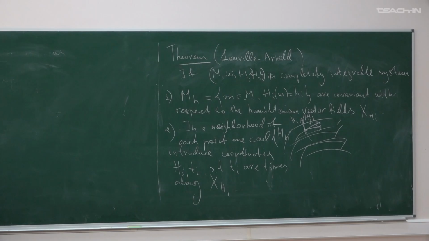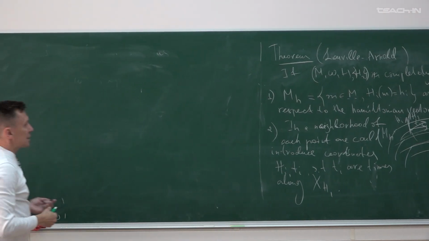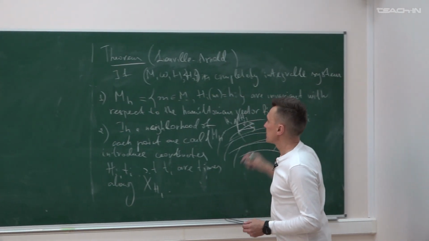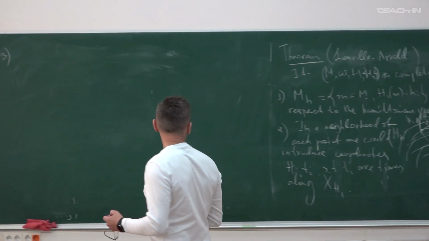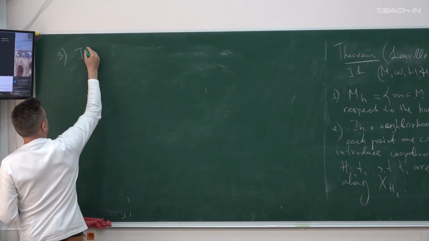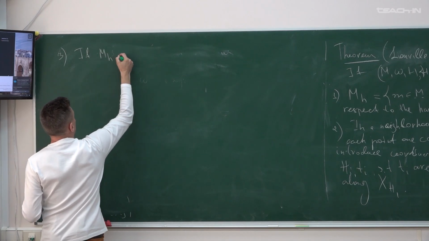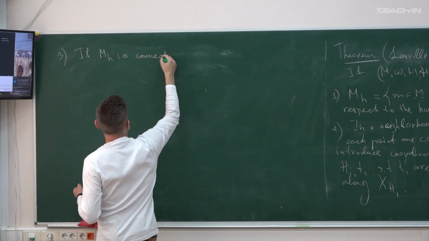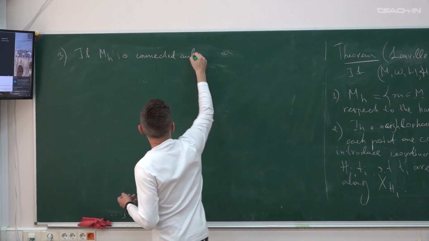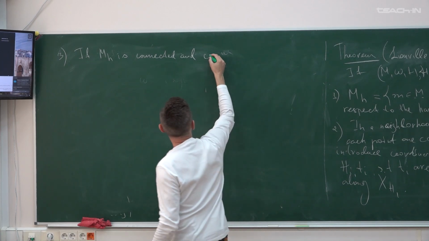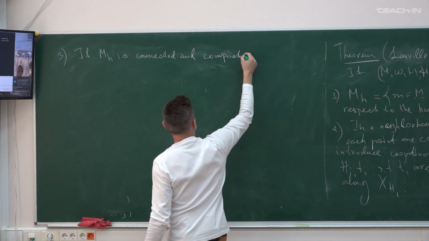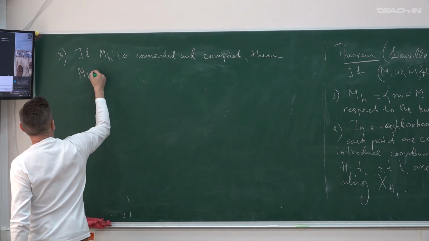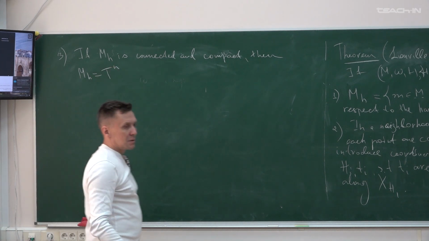Next, one could say many things about these level sets. So if M_h is connected and compact, then M_h is just the n-dimensional torus.